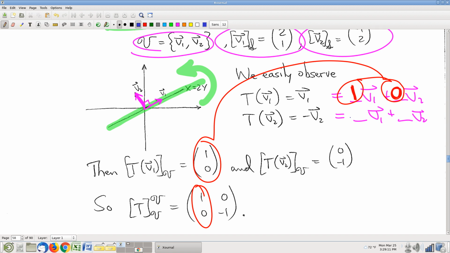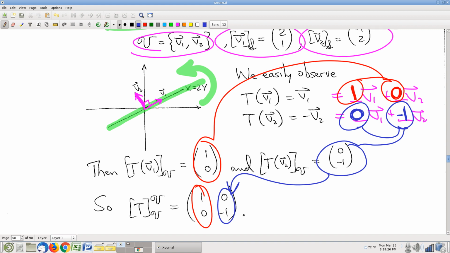Likewise, T of V2, negative V2, is 0 V1 plus negative 1 V2, and these numbers become our second column. So with respect to the standard basis, I don't know, but with respect to this other basis that I've conveniently chosen for myself, this act of flipping over that line is really easy to represent as a matrix: 1, 0, 0, negative 1. Right, so nice choice of basis.